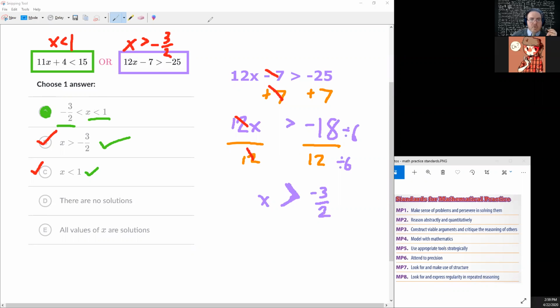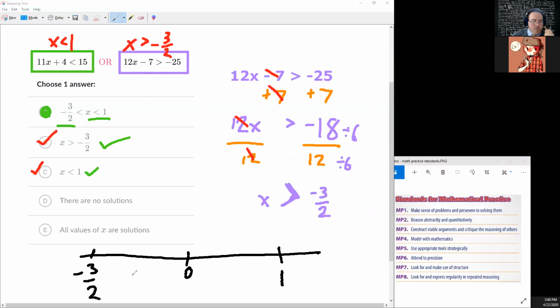So essentially, if we were to draw this on a number line, out here is 1, here's 0, and over here is -3/2. There we go.